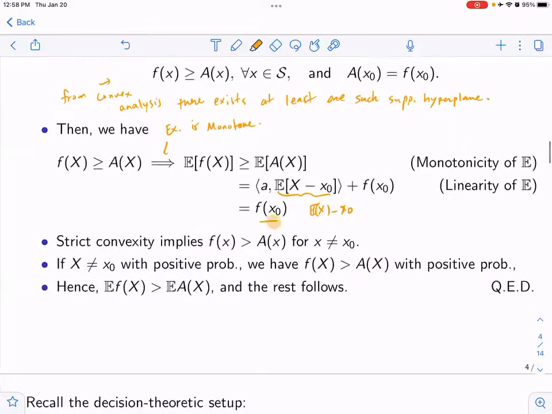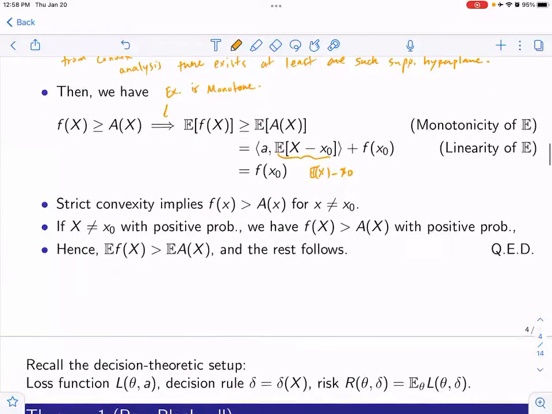If the probability that x is not equal to x naught is bigger than 0, which only can happen if x is not constant almost surely, then when you replace the random variable, this would be true with positive probability.